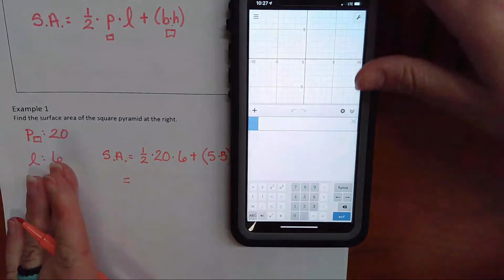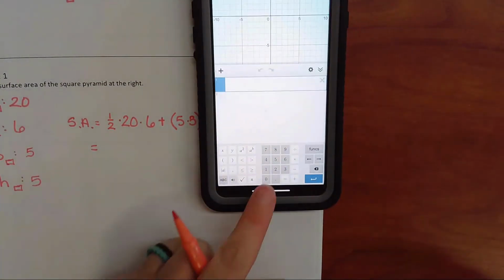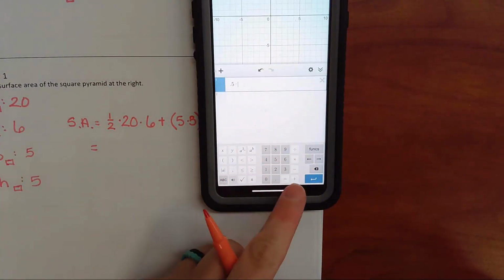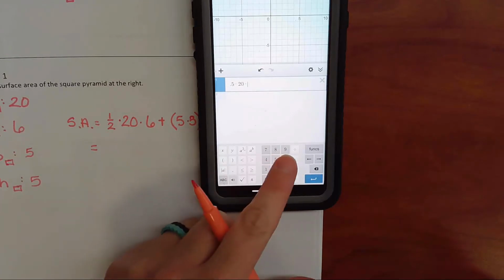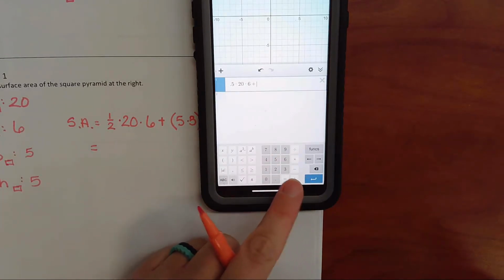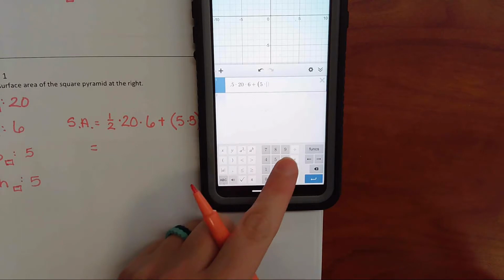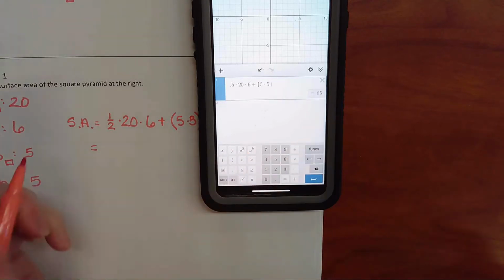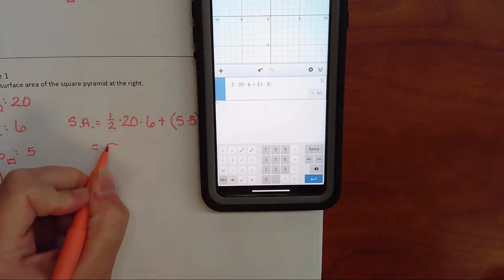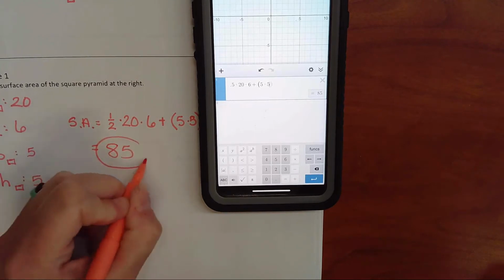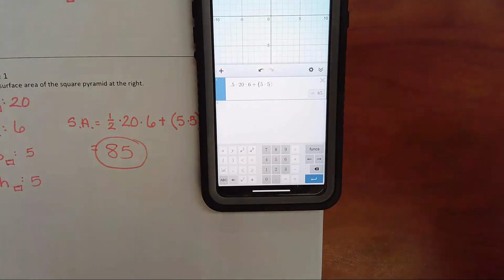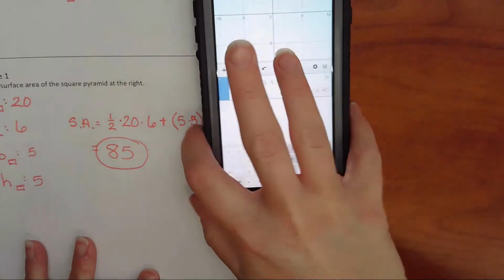Let's take a look here. So I'm going to do 0.5 times 20 times 6 plus 5 times 5, and I get 85. If you're given everything, it's not too bad. It's when you're not given everything that it becomes a little more difficult.